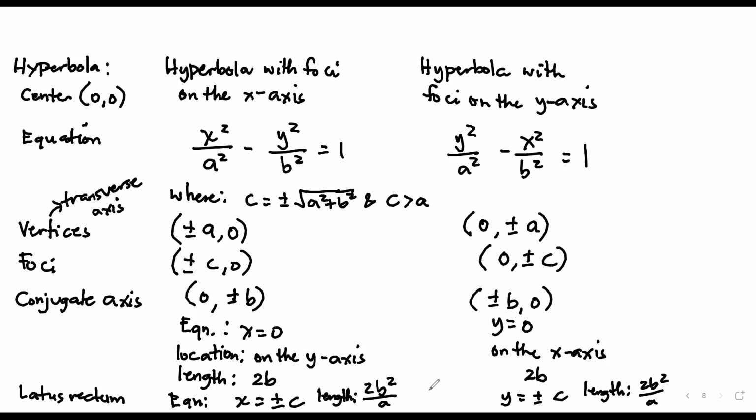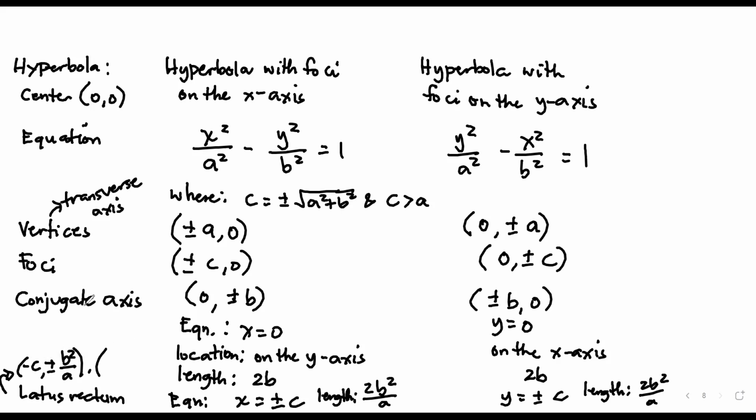So we will have for the endpoints of lattice rectum, ito na lang class. We will have negative c, positive negative, itong part na to, b squared, kasi hatiin natin sa dalawa, b squared over a. Tapos, meron tayo ditong dalawang points. Okay?